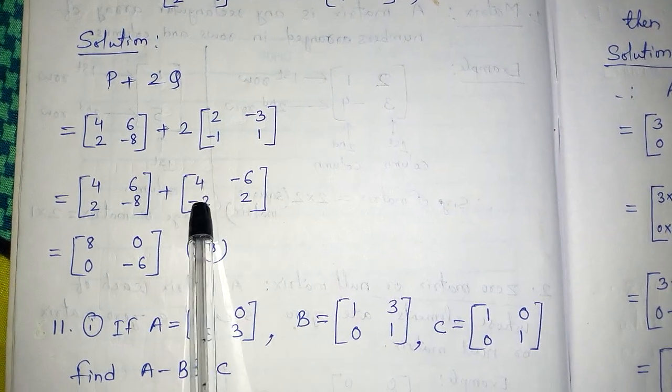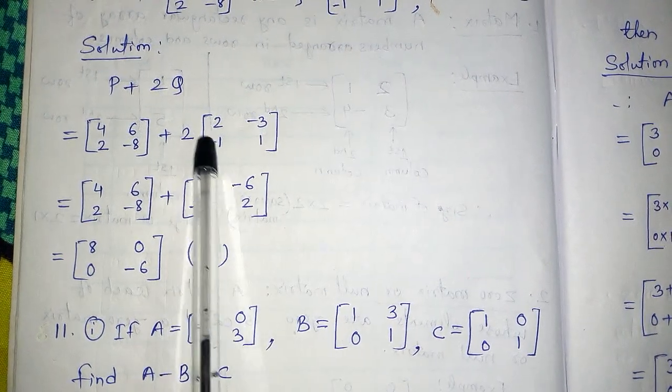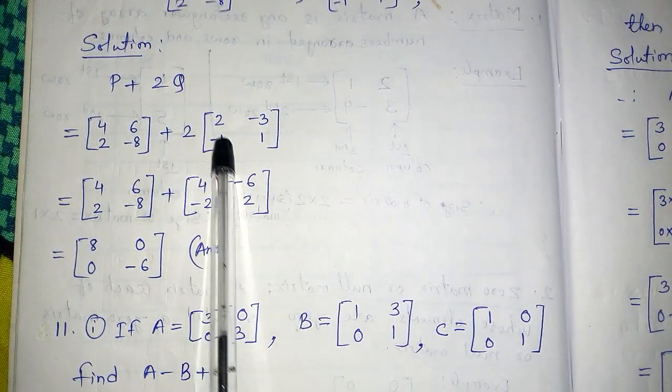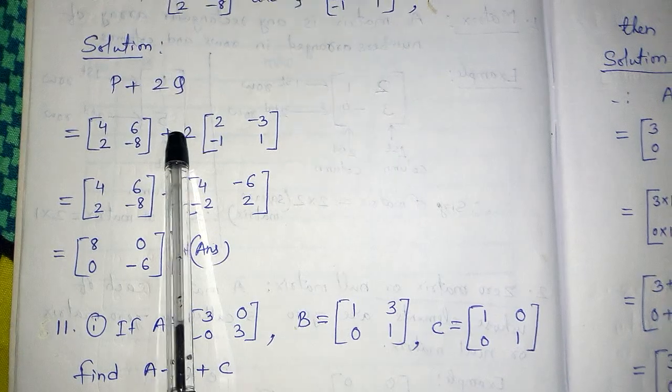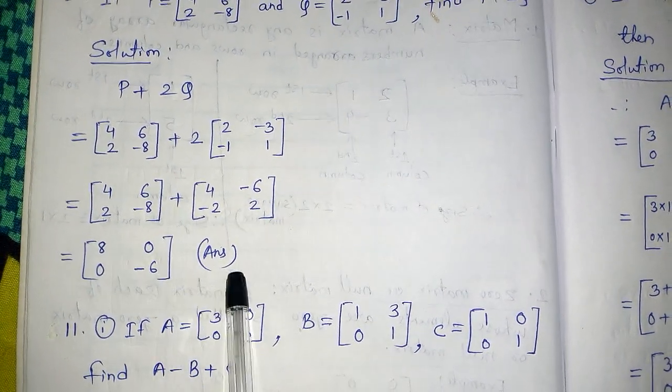Now 2 twos are 4, 2 into minus 3 is minus 6, 2 into minus 1 is minus 2, because 2 ones are 2 and 2 threes are 6. Now 2 ones are 2, so this multiplied and took the same place.